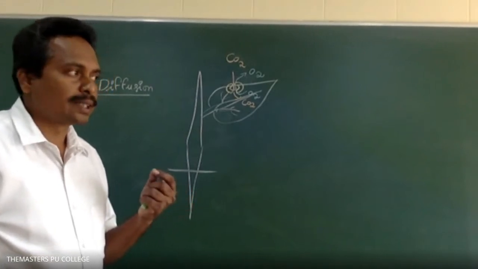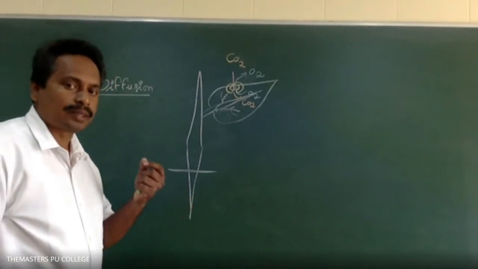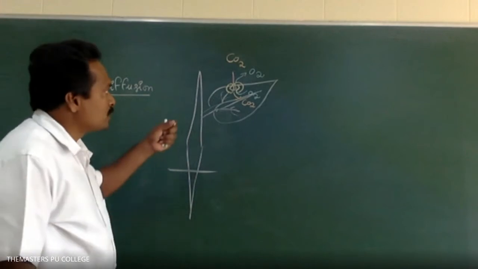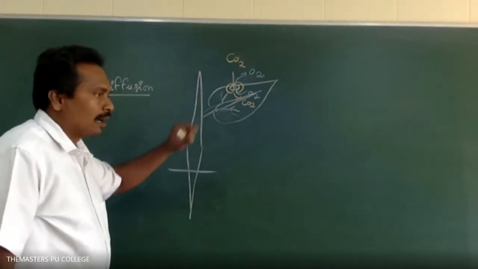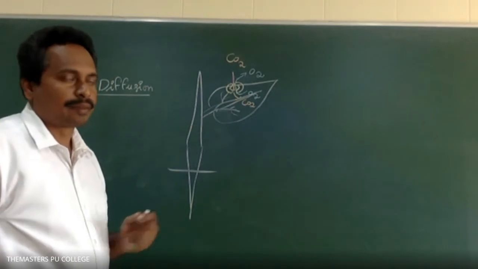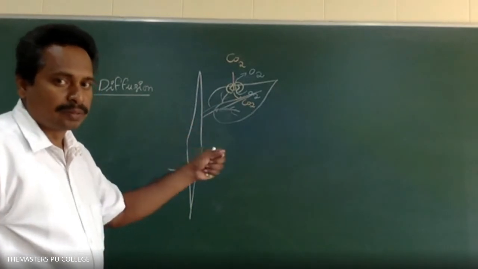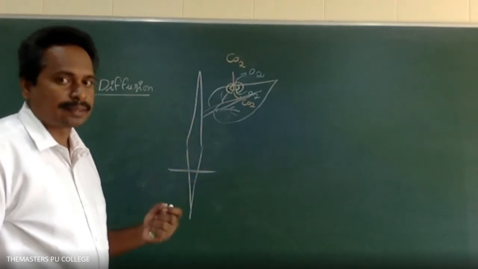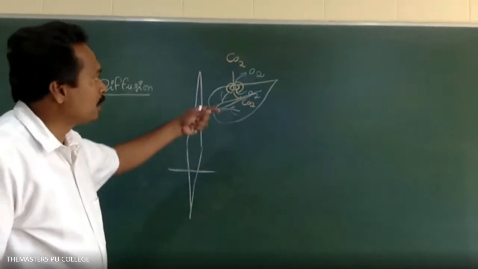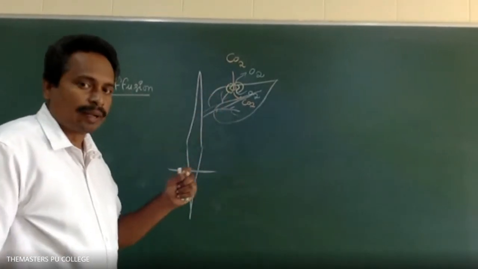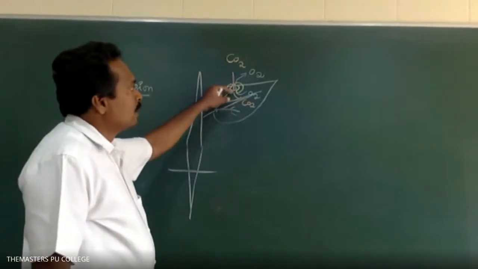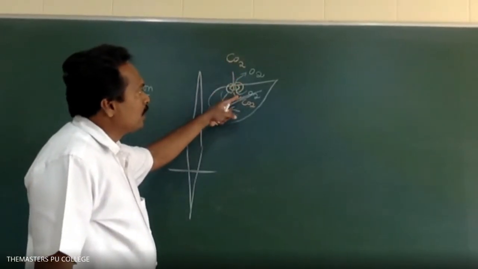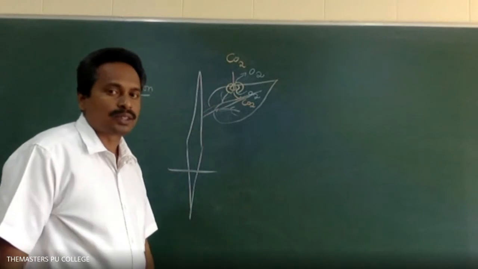Which process is helpful here? The diffusion process. The diffusion process is useful for the exchange of gases from the atmosphere to the plant leaf cells. Carbon dioxide enters the leaf cells, whereas oxygen is released into the atmosphere through the stomata.